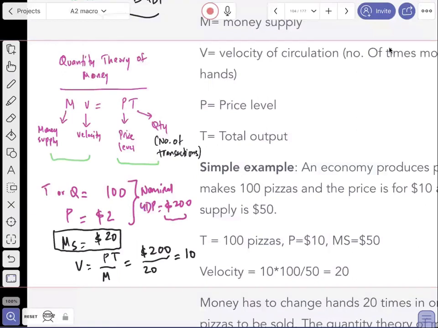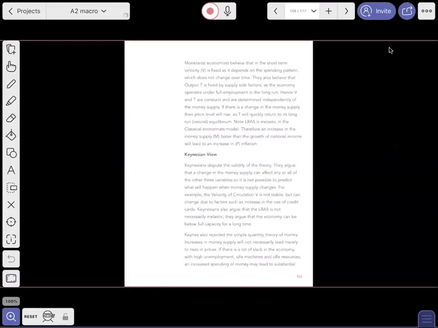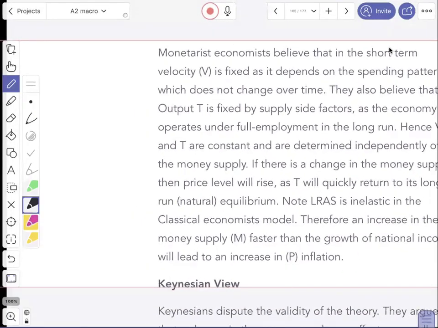Now, how do we use this today to explain our concepts? So this is where the whole idea of monetarists comes into play. Monetarists said this, that when you look at MV equals PT, they come up with this idea that V and T are constant.